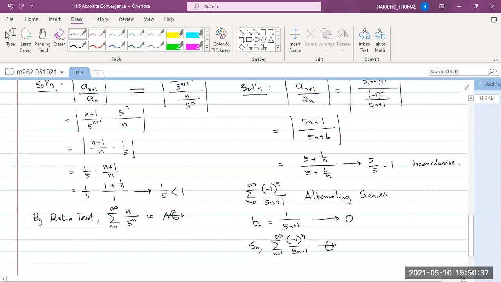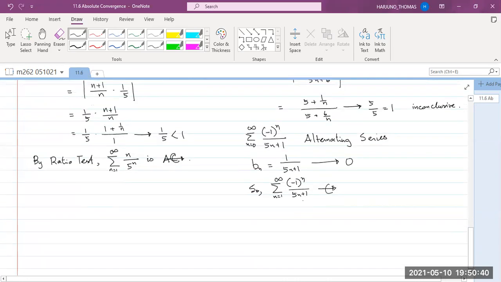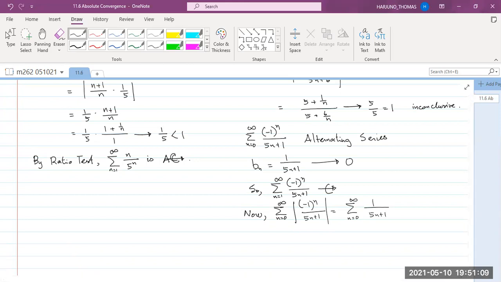But is it absolutely or just conditionally? Now take a look at the absolute. Is that convergent or not? How do you know that this is convergent or divergent?